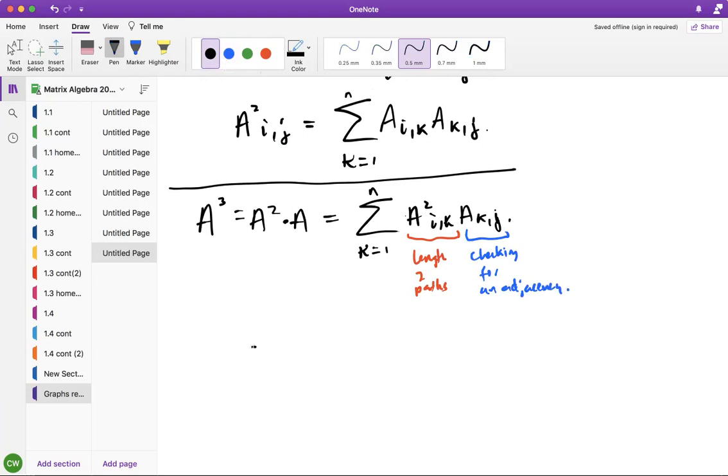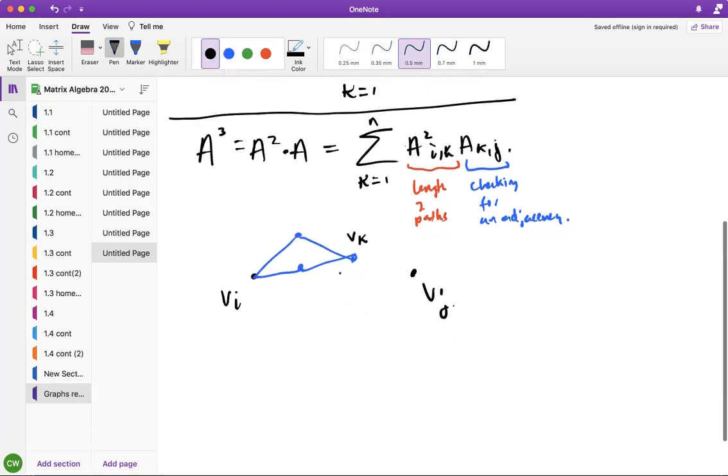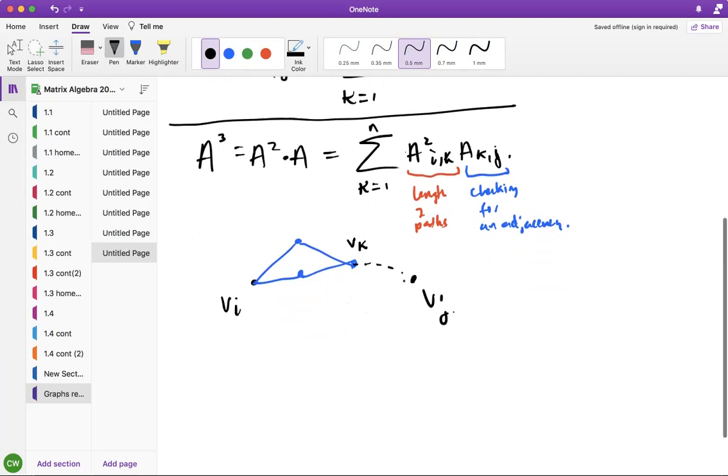So in other words, I have, let's say, Vi, and I have Vj here, and I have marked a length 2 path from Vi to Vk. And let's say there's, I don't know, 2 of them. I'm multiplying by 1 or by 0 if there is a connection from Vk to Vj.